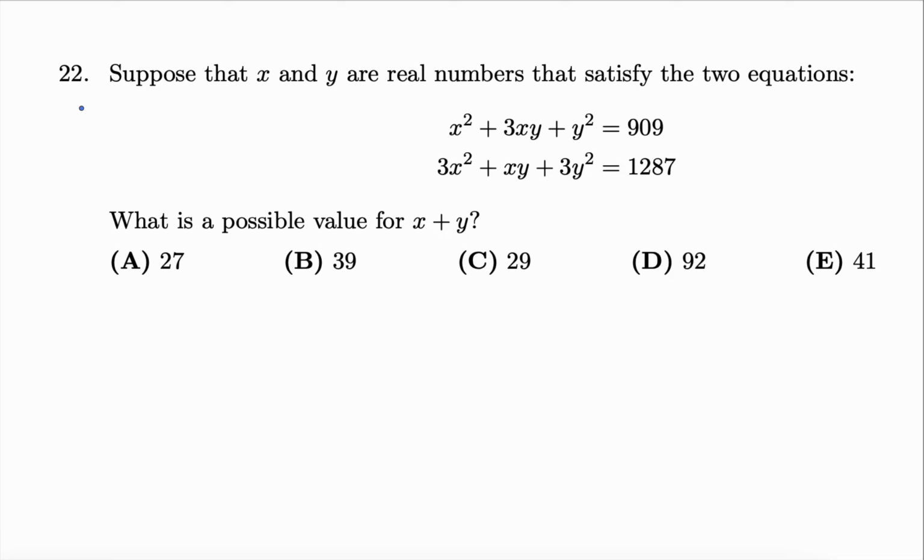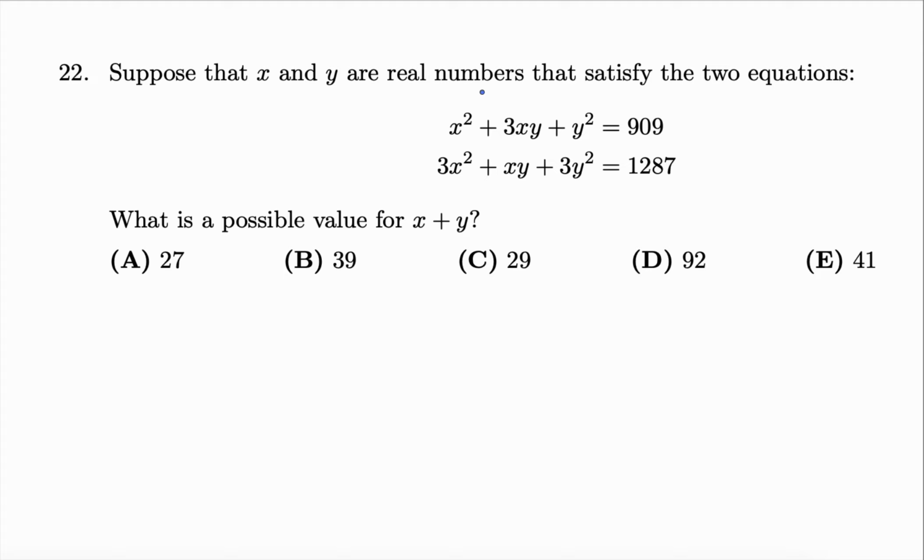I'm going to read the question really carefully this time, and hopefully I don't repeat the same types of mistakes that I made in the last couple of questions. So number 22, suppose that x and y are real numbers that satisfy the two equations.